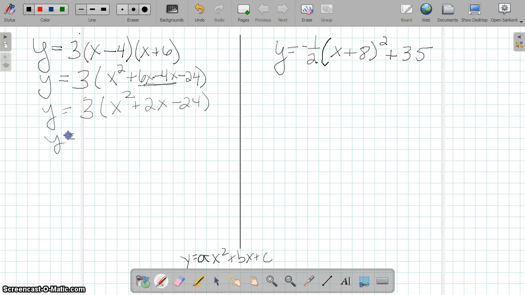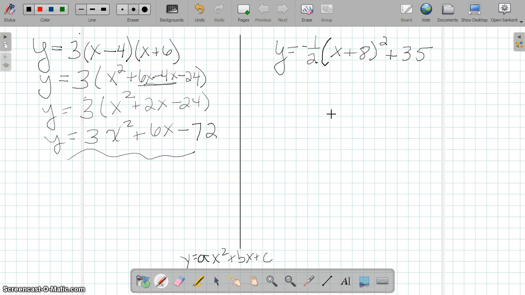Now we can distribute the 3. So 3x squared plus 6x minus 72. And there we go, standard form. Intercept form to standard form, you're just FOILing it out.